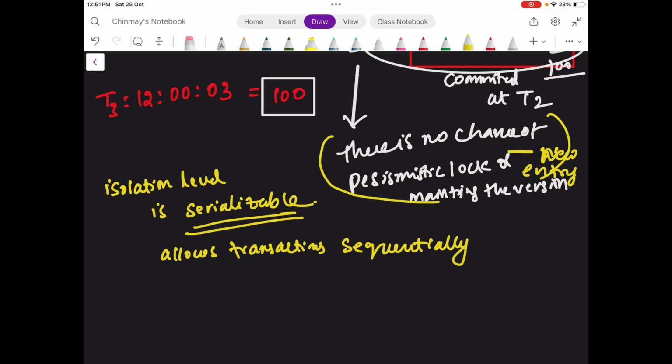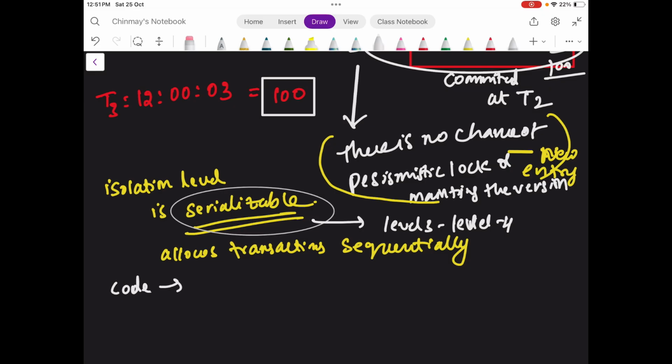It is level 3 and level 4 isolation. Generally, if you maintain the isolation serializable, it gives more latency. Generally, in production, we handle it at code level.